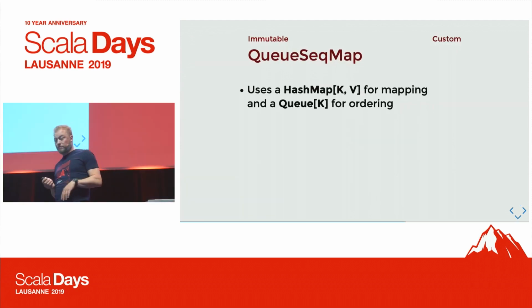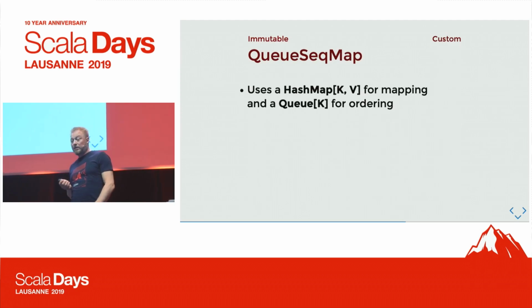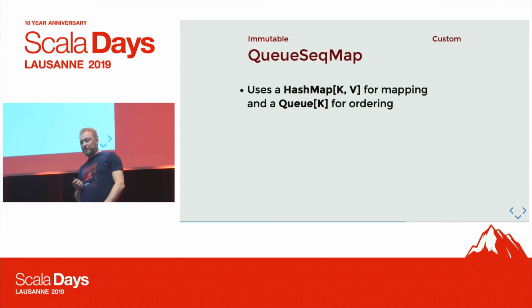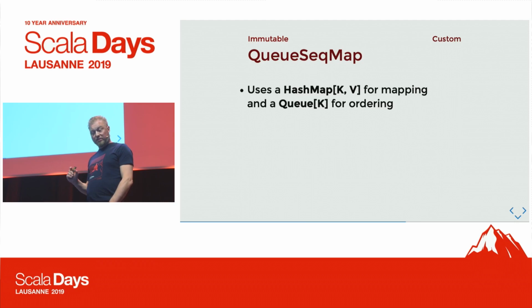And the last implementation we'll talk about is the Q-seq map. This isn't in Scala at all. It doesn't exist in the Scala standard library. It's just made for reference or for comparison. And this one uses a hash map from keys to values for the mapping, and also a queue of the keys.